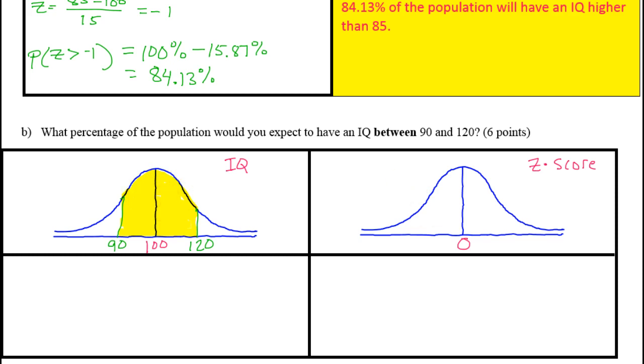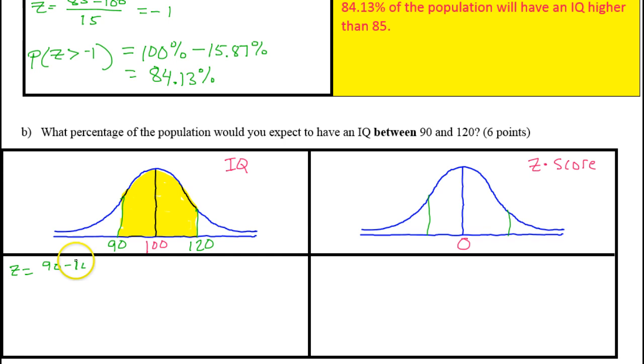Now let's repeat that on the z-score side. All right, and that reminds us that we need these z-scores, so let's find them. Okay, so let's do the z-score on the left first. So I'm going to take my specific value of 90.